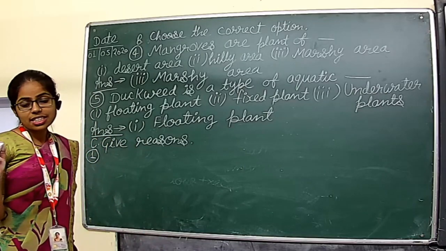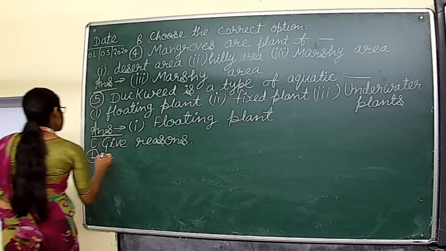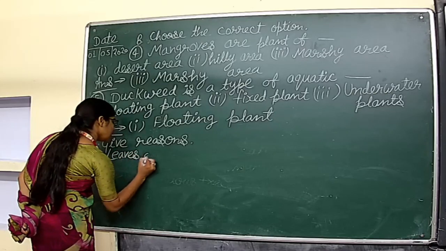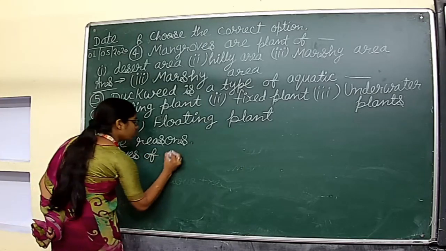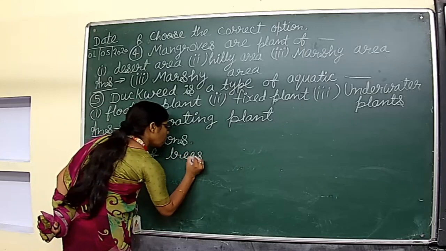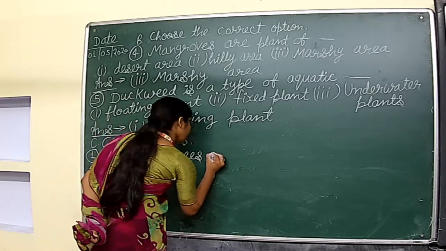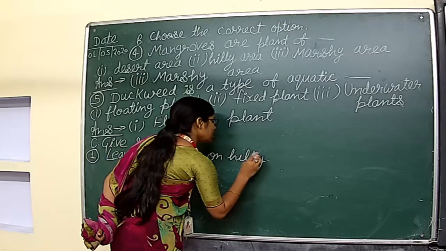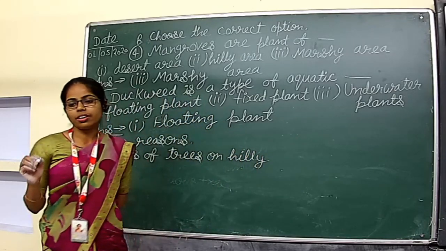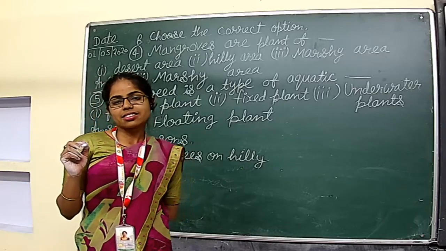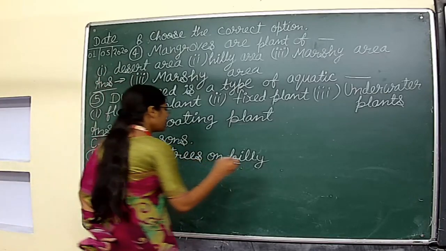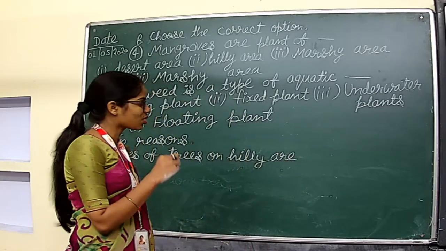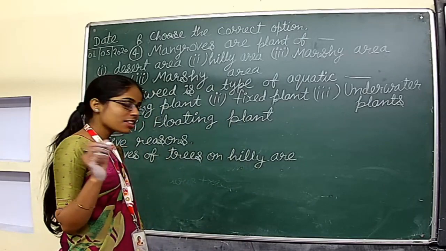First question is: leaves of trees on hilly areas. Leaves of trees on hilly areas are, you know it, no? What is the speciality of the leaves of trees on hilly areas?